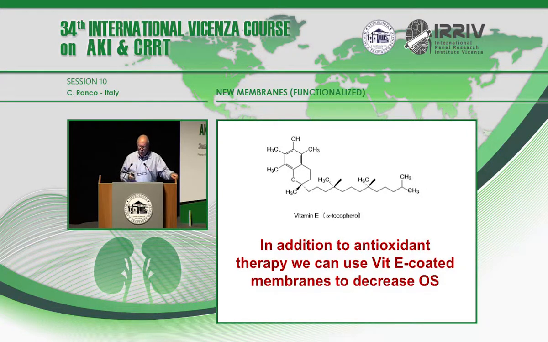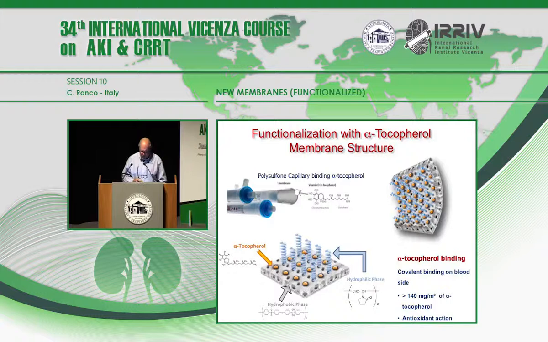So in addition to giving antioxidants to a patient, which has been proposed, the idea could be to use membranes that actually block the generation of oxidant species exactly where they are generated. In this case, for example, membranes in which vitamin E has been covalently bound to the surface of the membrane, and the membrane has been functionalized with this type of thing.